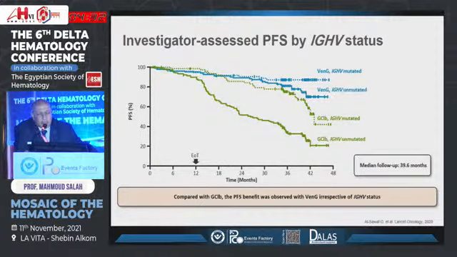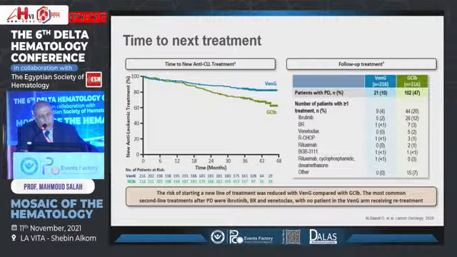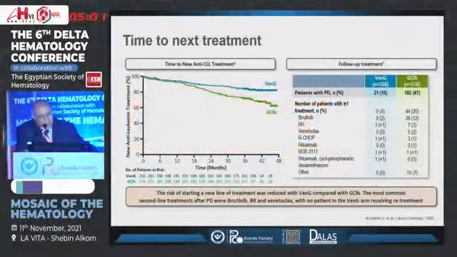Also, the IGHV mutations, compared with the Gazyva chlorambucil, the progression-free survival benefit was observed with venetoclax and Gazyva irrespective of the IGHV status. And time to next treatment, the risk of starting a new line of treatment was reduced with venetoclax and Gazyva compared with chlorambucil and Gazyva.